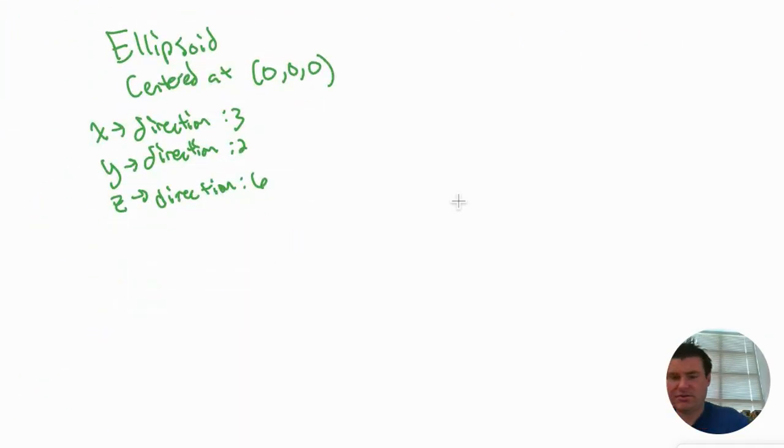I feel like I probably should. So in the x direction, 3, the y direction, 2, the z direction, 1, 2, 3, 4. And there we go. So it just kind of looks like a little bit of a football here. So this is why I don't draw this for you.